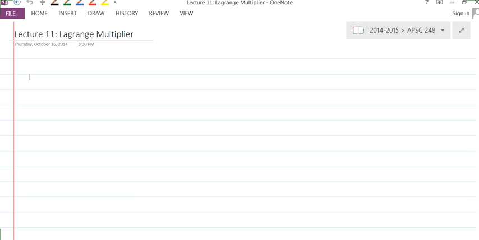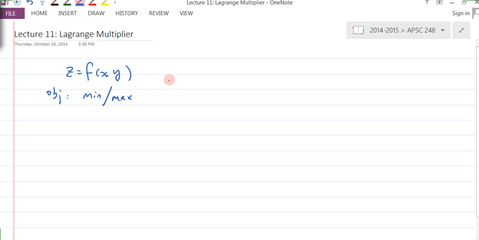Alright, so in the previous lecture, we talked about how we find the min or max of a certain function, right? When you're given, let's say, a function like this, the objective is to find the min or max of this function.